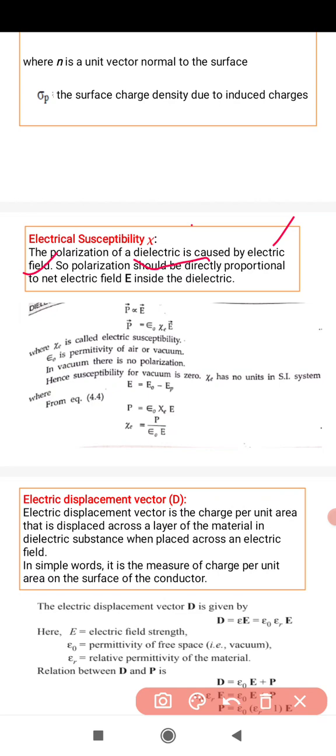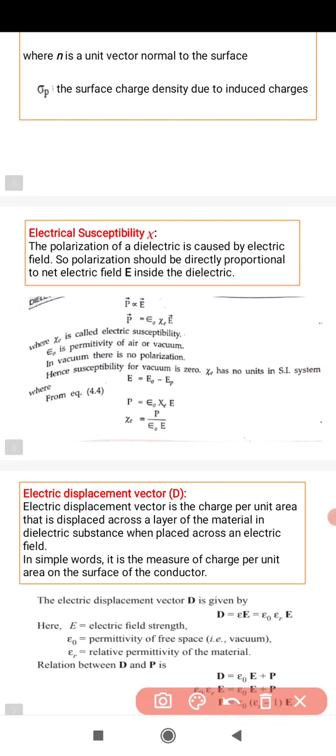Polarization takes place in the dielectric after the application of an electric field. So, the polarization should be directly proportional to the net electric field inside the dielectric. Therefore, the polarization vector is directly proportional to the resultant electric field.